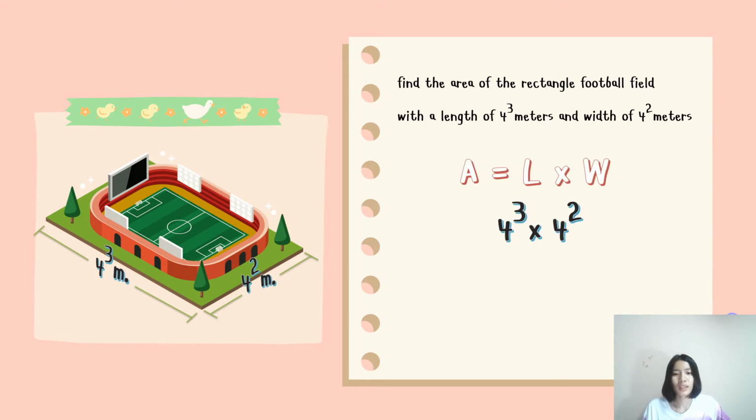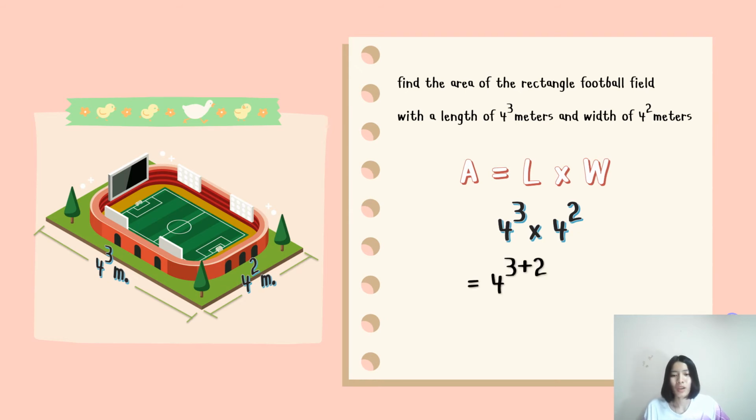And we can see the length and the width of the rectangular football field are in exponent form. Now, have you noticed something common? Yes, you got it right. The base is common and that can be solved by using law number 1.